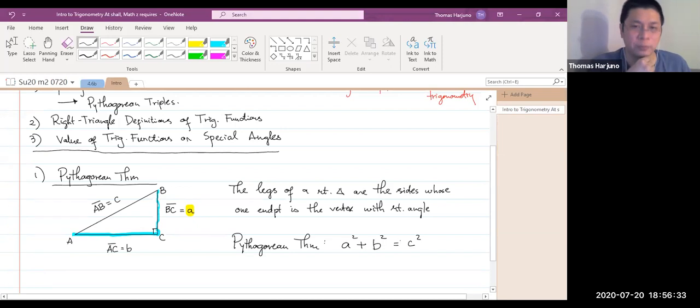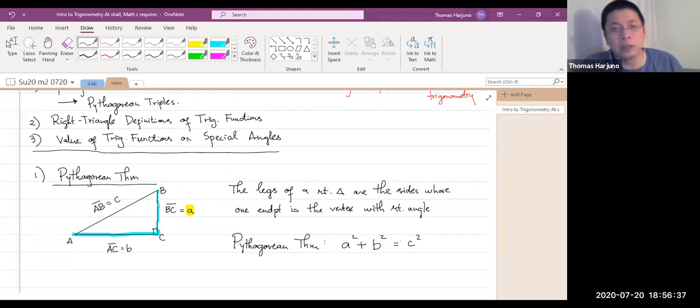We learned that before. In fact, in geometry, we even have something stronger: any triangle whose sides satisfy the Pythagorean theorem must be a right triangle.